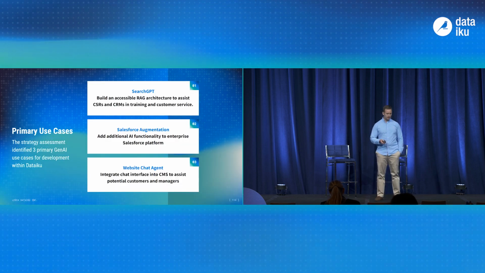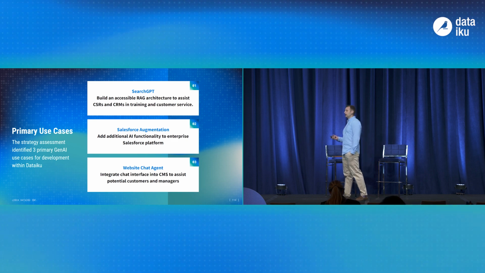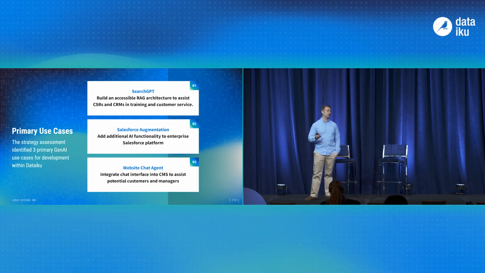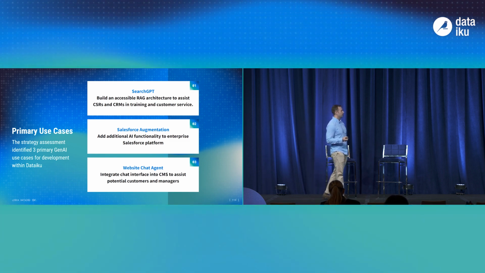The 3 use cases we identified in this situation were a range, a spectrum. We see several different use cases commonly. A lot of ETL automation is a big one.